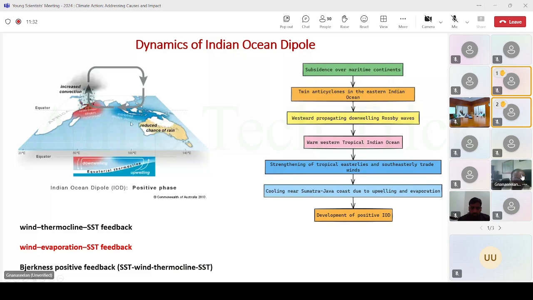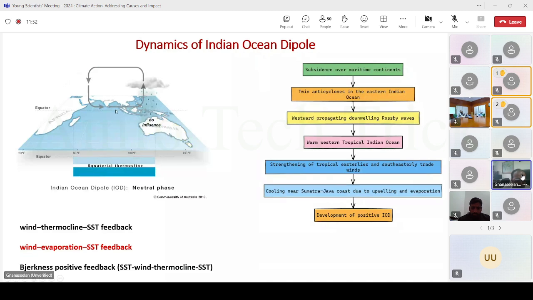The southern component is very strong, which propagates westward and pushes the thermocline downward, favoring warming in the west. Once the west is warm, again the surface winds will intensify because of the SST gradient, and this affects the rainfall pattern in the west and eastern region. So this is the basic mechanism for the IOD formation.